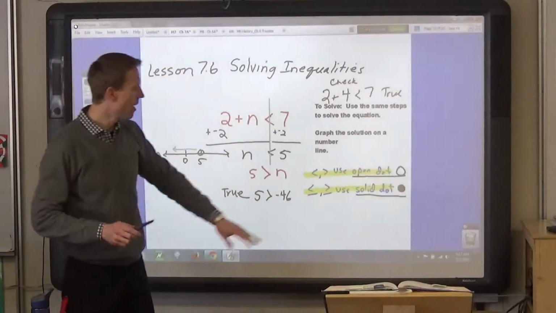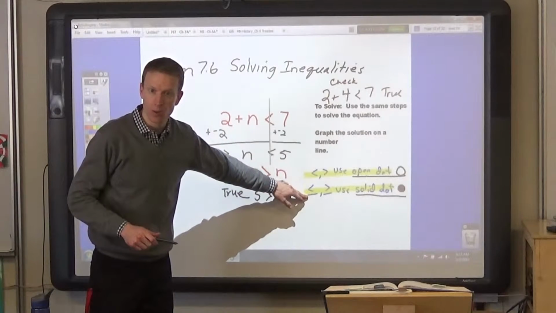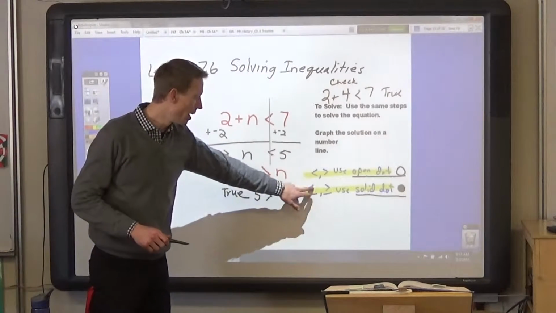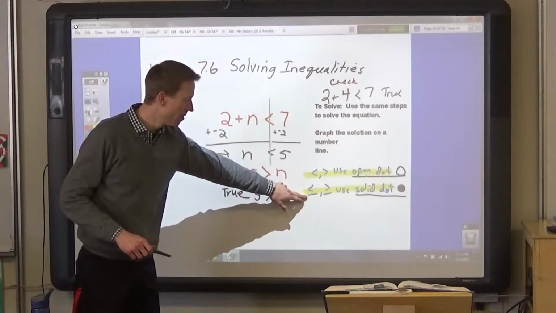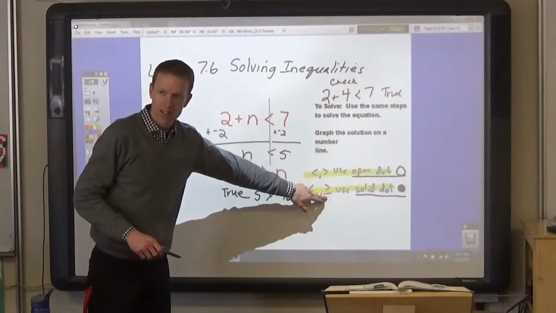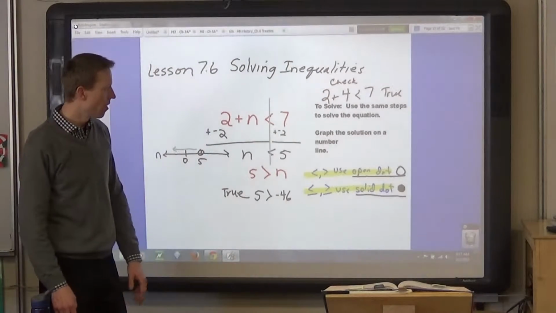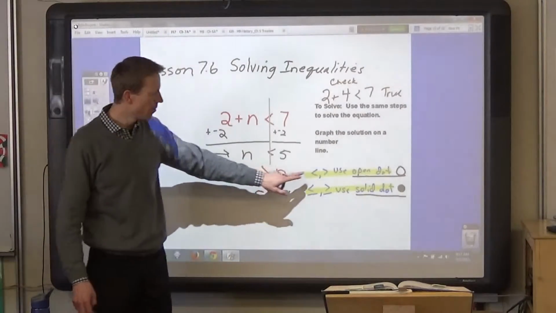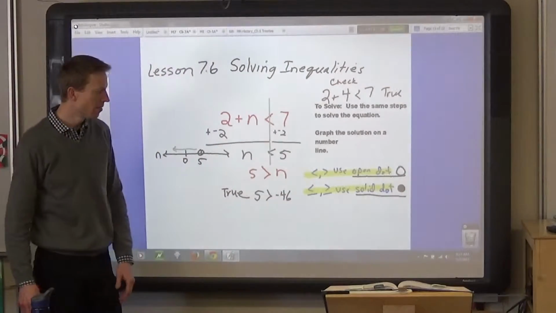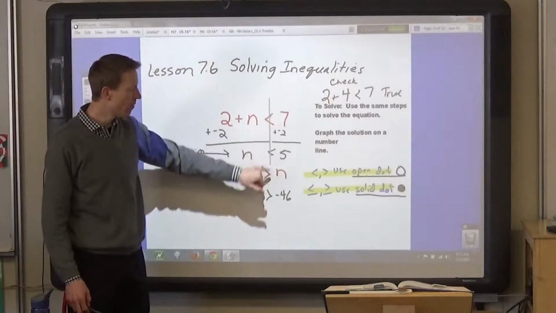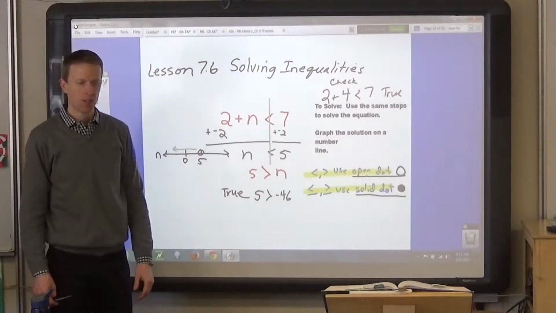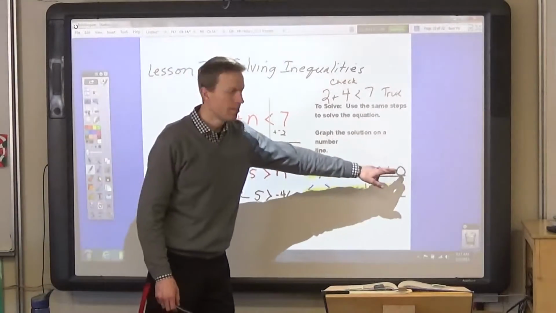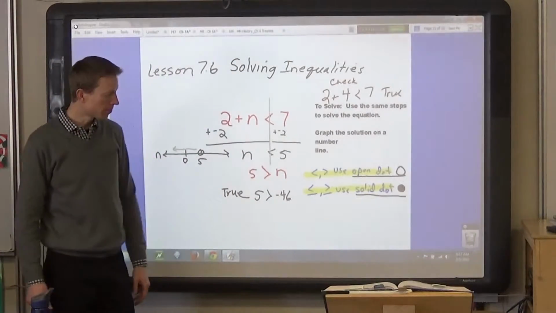Or we use a sign that says it could be equal, but it also could be less than, could be greater than or equal to. These are the symbols we use. The less than sign points to the left, the greater than sign points to the right. And if you have one of these signs, you use an open dot when you're graphing it.